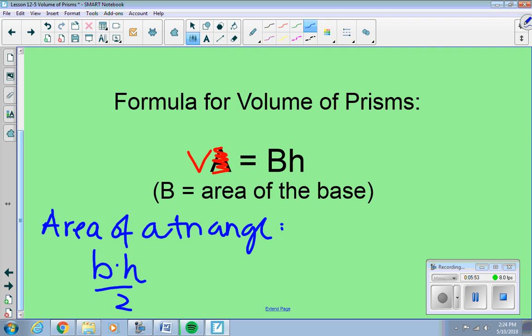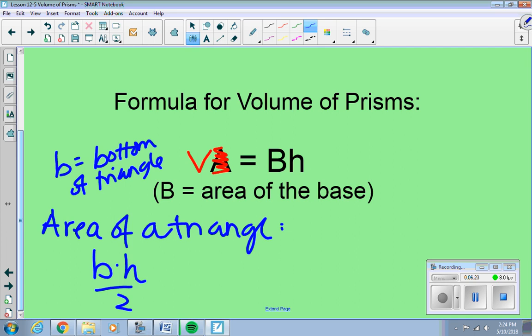Okay? So, make sure you know the big B is the area of the base. So we actually have to probably do a formula in here to find what that big B is, and I'll show you that. And the little b is just the bottom of the triangle. So that's the difference between the two b's. The little b is the bottom of a triangle, and the big B is the area of the whole base. Okay?